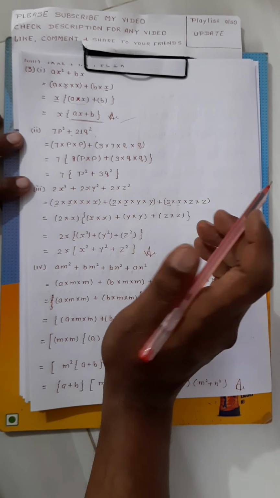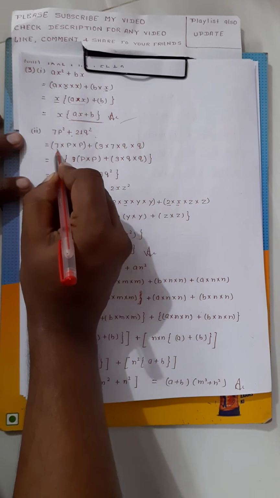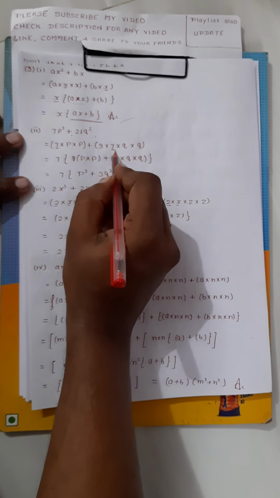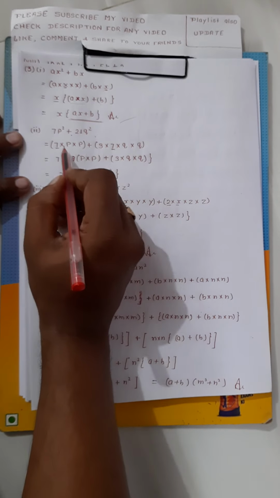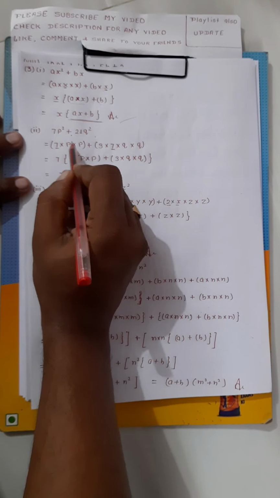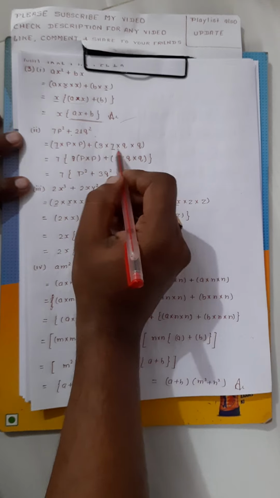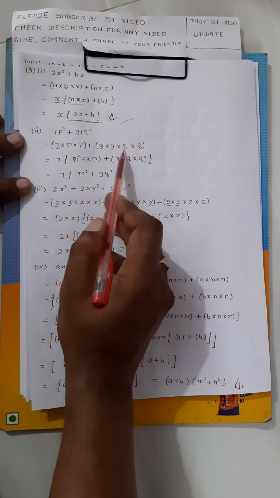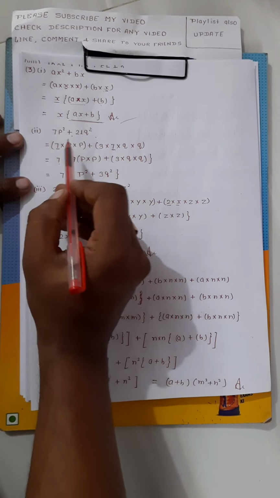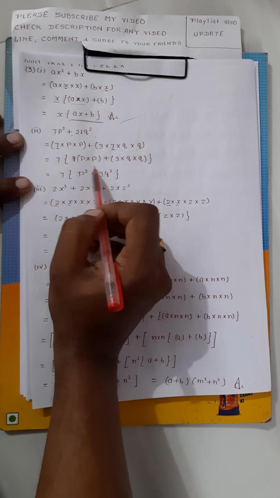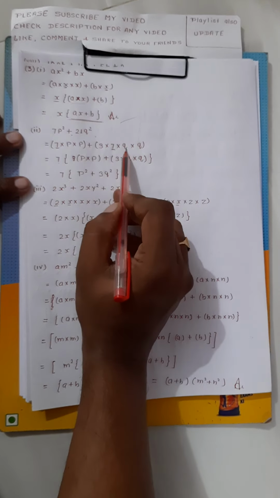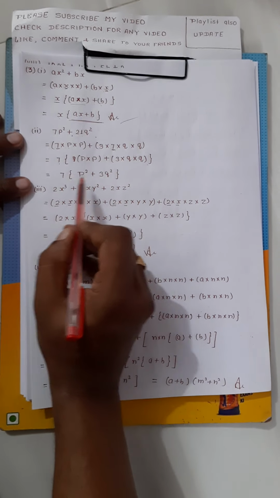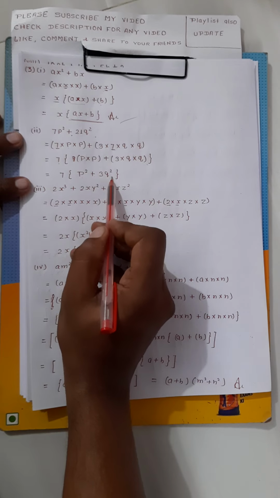First we check for the common factor. 7 is here, 7 is also here, so we can take out the 7 from both terms. p is here but p is not here, so we take out only 7 from both terms. Now p into p will be left here and 3 into q into q will be left here. Our value becomes 7 into p square plus 3q square.